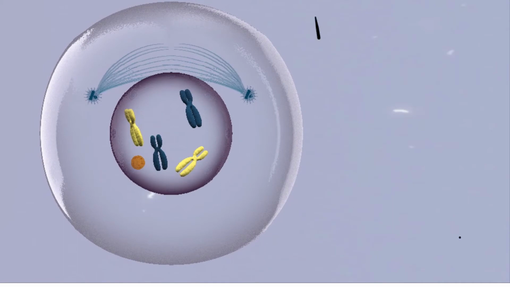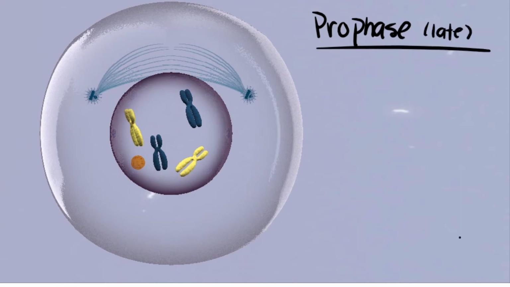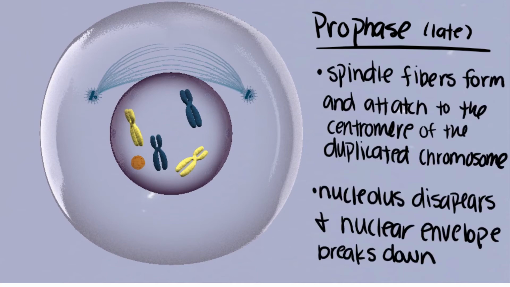Next, we will be learning about late prophase. During late prophase, the spindle fibers form and attach to the centromere of the duplicated chromosomes, and the nucleolus disappears and the nuclear envelope breaks down.